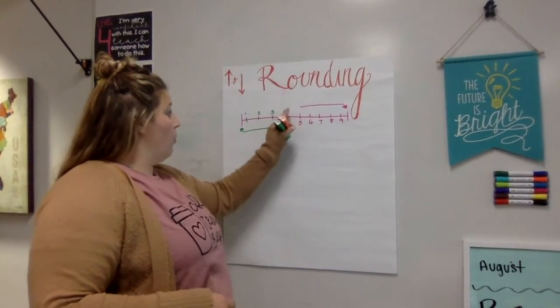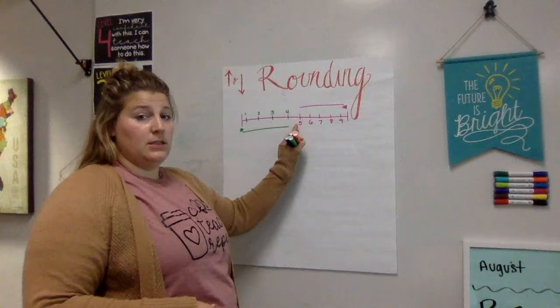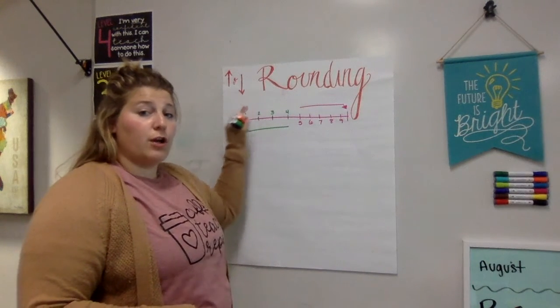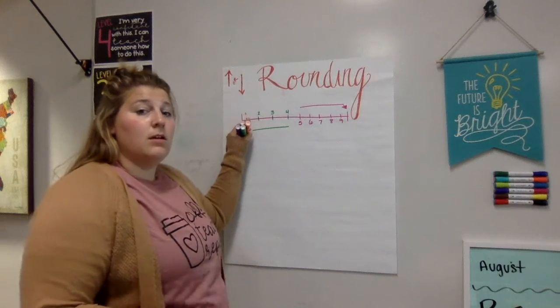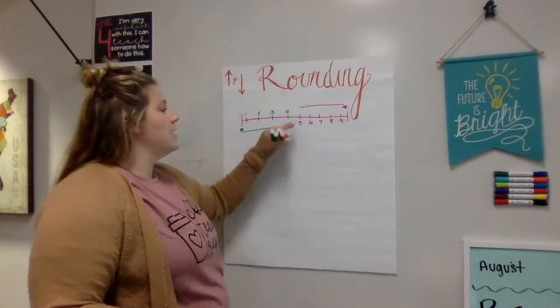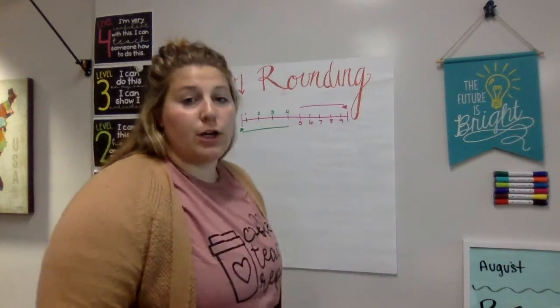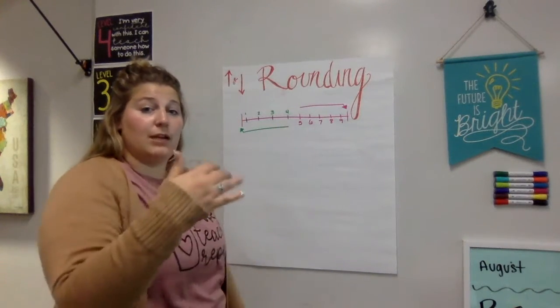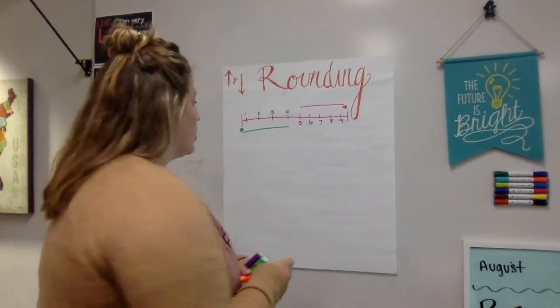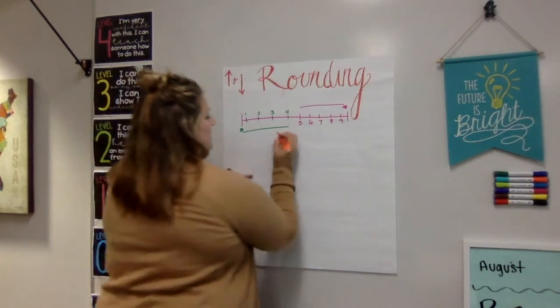So that 4, if on a number line, you're seeing it on this side of the halfway point, you're going to be staying within that same place value that you were already at, or letting it rest. And then 5 and up, it's going to be rounded to the nearest place value up.